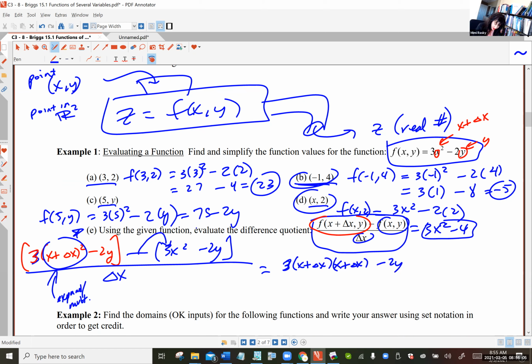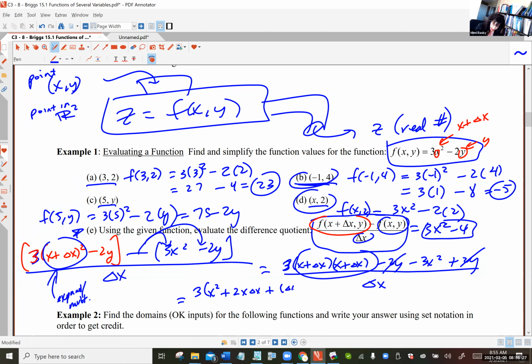I'm going to distribute this negative over the parentheses because I need to. And then I'm going to do a little bit of cleanup. Negative 2y added to 2y is 0. And then once I FOIL this mess, I'll have x squared, and then I'm going to combine like terms. I'll have 2x delta x terms plus the delta x getting squared, and then I have minus 3x squared all over delta x.